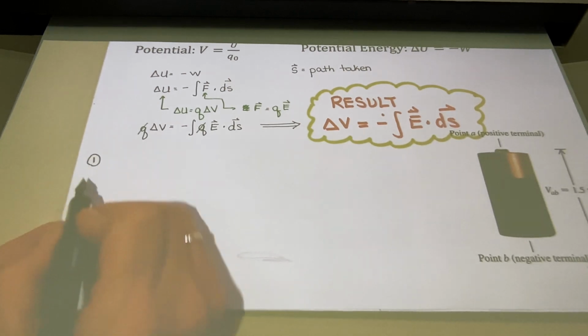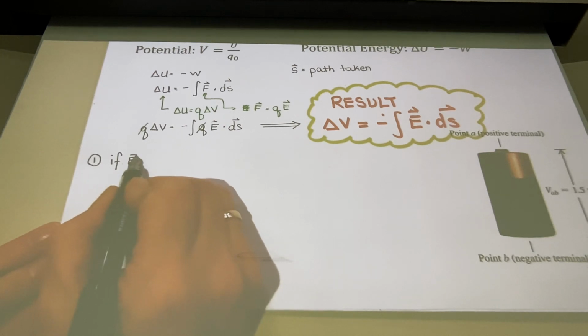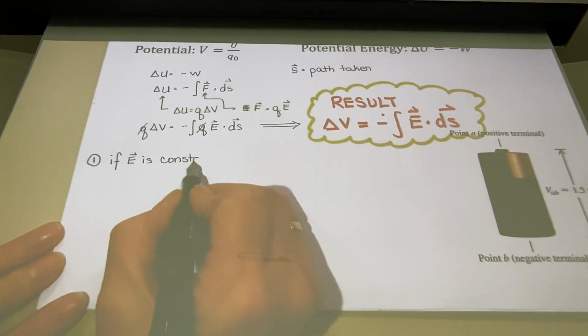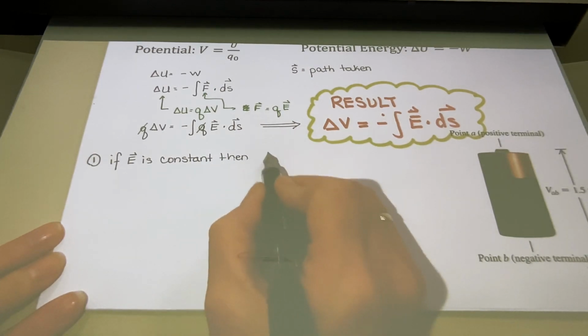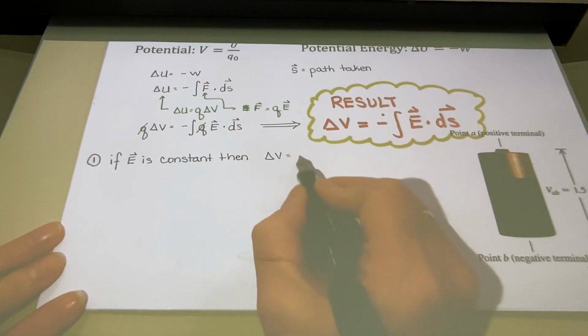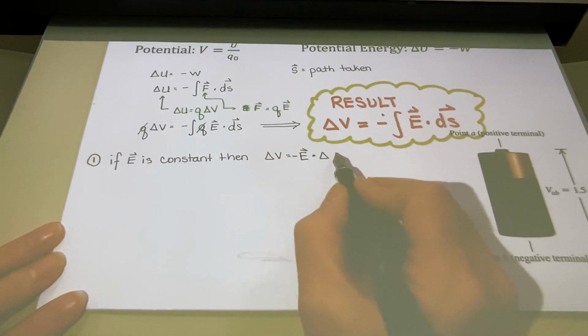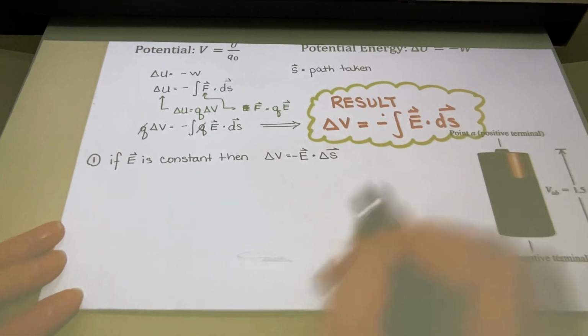So point one, if E is constant, then delta V is equal to negative of the electric field dot delta S, where delta S would be a displacement.